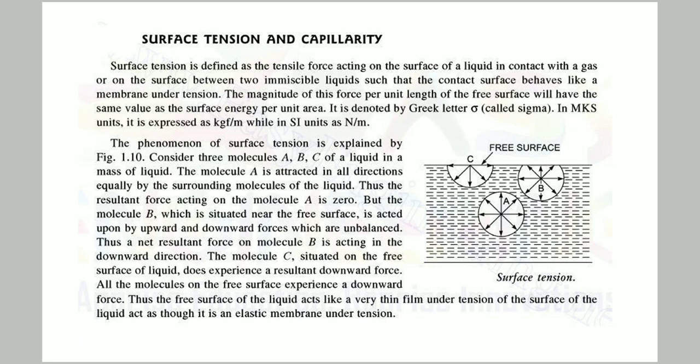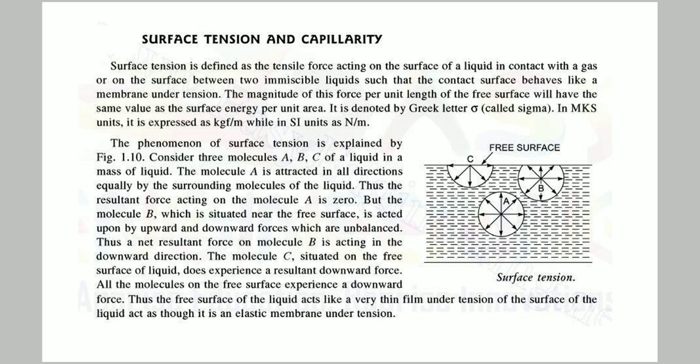It has some vacant space in the upper free surface. And C has its midpoint coinciding with the free surface, and hence it is partially attracted in all directions below, while upward it is not attracted. So there is an unbalanced, net downward force acting on the molecules B and C.